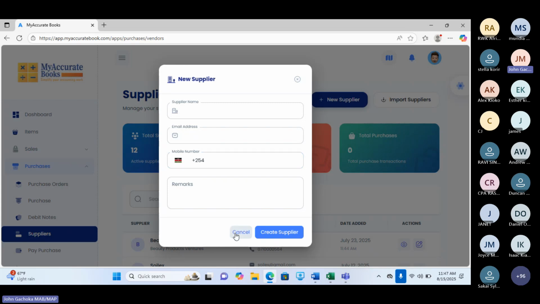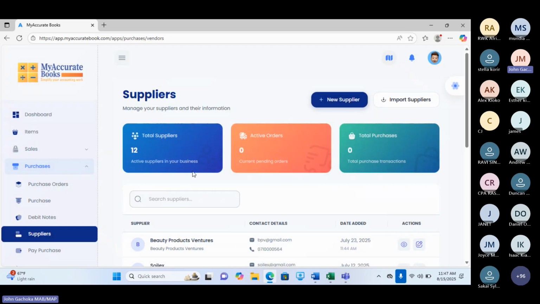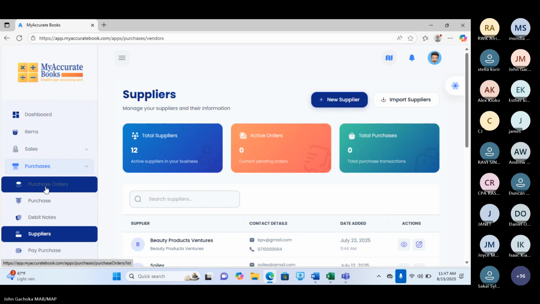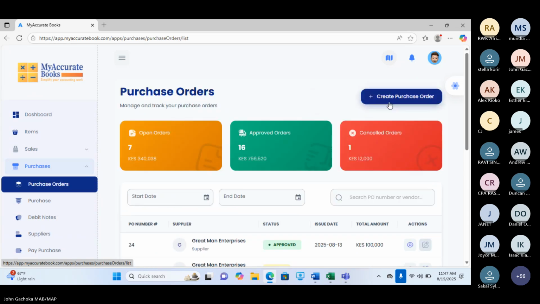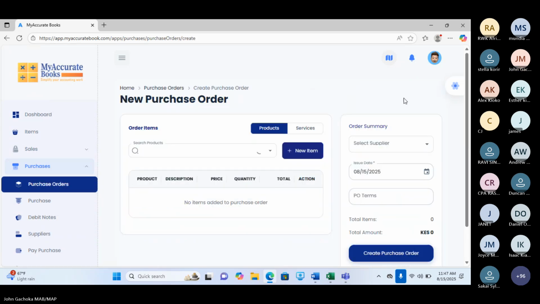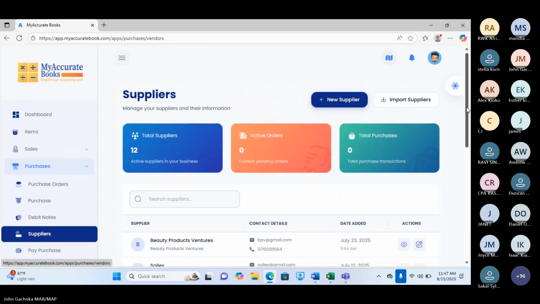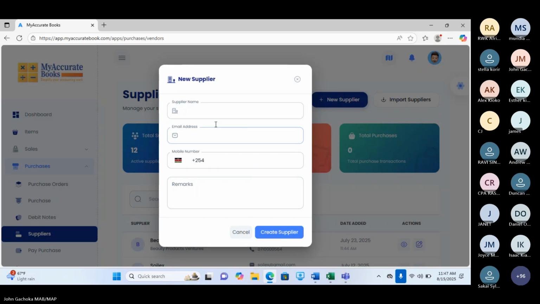In the event that your supplier is corporate, you can still update their details as well. The name of the supplier, their email address, and again, their phone number. This is optional. You can indicate what they supply.